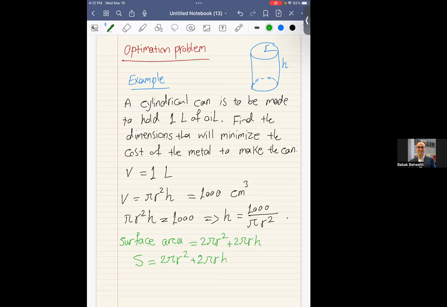But here is the key step. From the given information, we know that H is 1,000 divided by pi R squared, right?